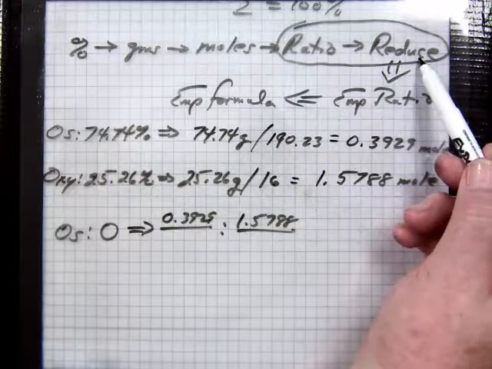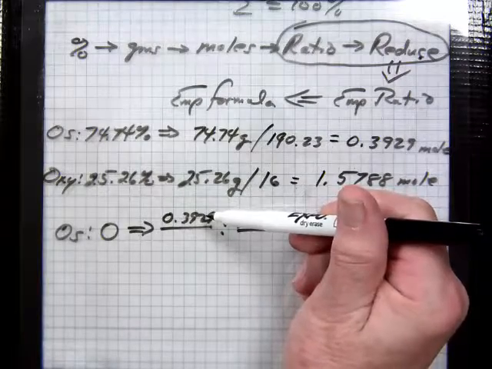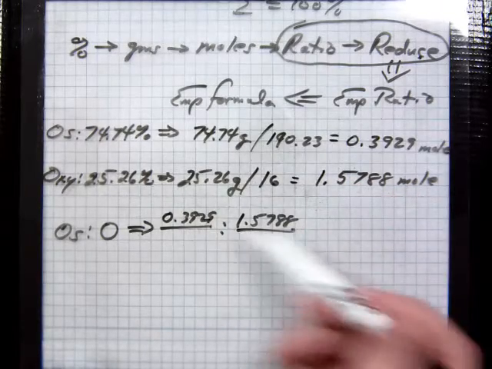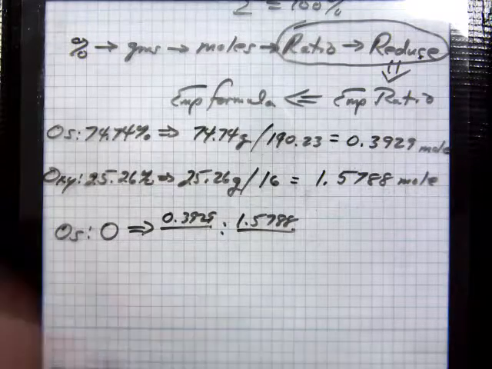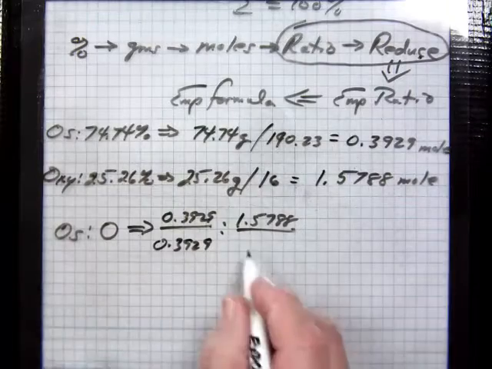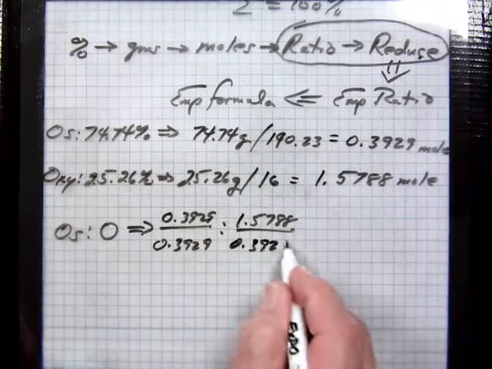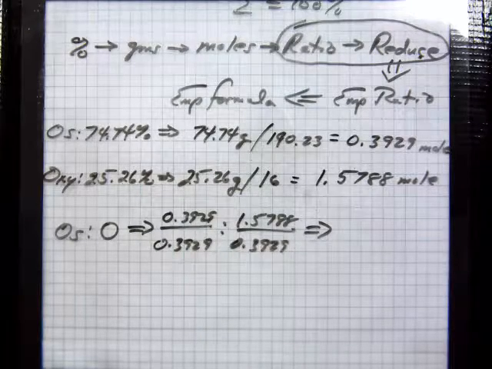The next step is to reduce. When we reduce, that's normalizing toward the lower mole number. So you divide both of these by the smaller number. And it's on all problems like this. 0.3929 divided by the smaller number. And what that'll give you when you reduce this, it gives you the empirical ratio.